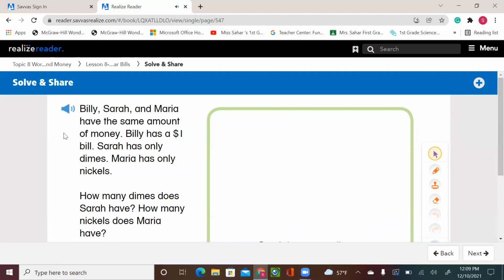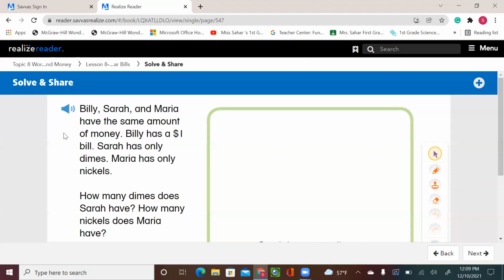All right. Let's see what information we have. Now we have 3 friends and they all have the same amount of money. One of them has a $1 bill. Sarah has only dimes, so Sarah has only coins. I know the value of a dime is 10 cents and $1 has 100 cents. So $1 means 100 cents.